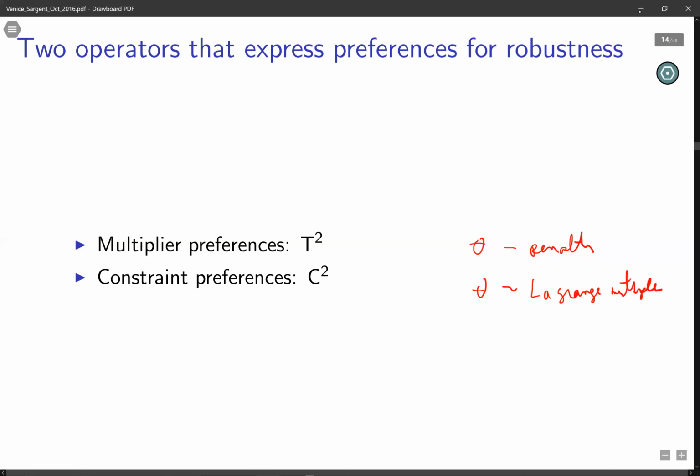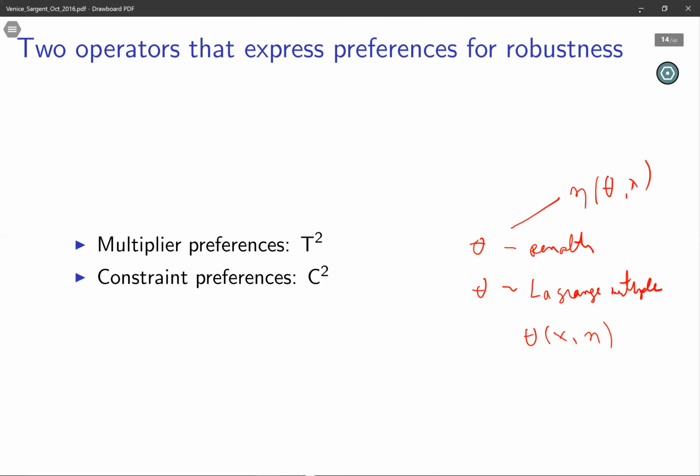The key thing is the penalty parameter is going to be fixed, and the Lagrange multiplier is going to be a function of the state and entropy. Even though theta here is fixed, entropy is going to be a function of theta and x. That's going to play a role later.